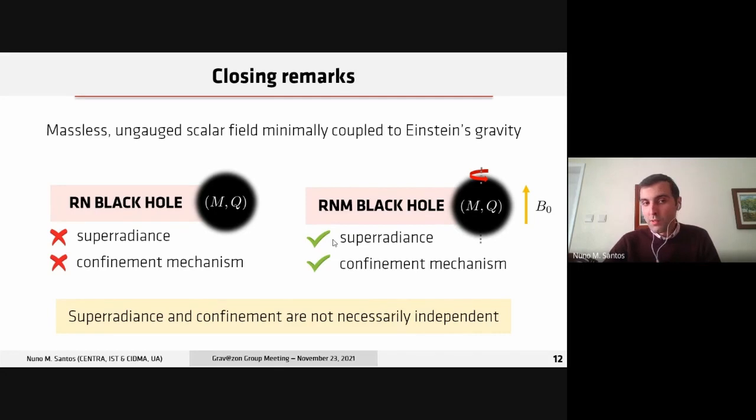So for most, if not all, stationary clouds studied in the literature so far, these two ingredients, superradiance and the confinement mechanism, are usually added separately. Okay, but we showed that this is not necessarily the case. So superradiance and confinement can have the same origin, in this case, the magnetic field.